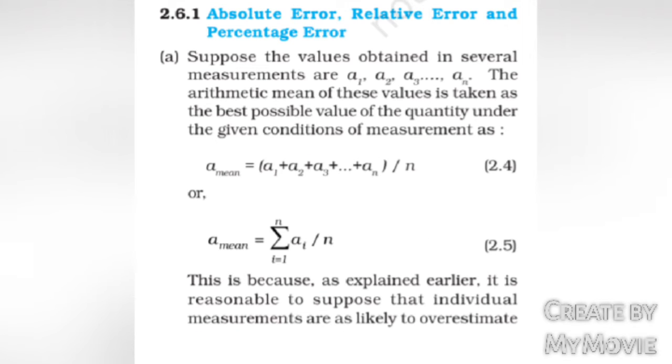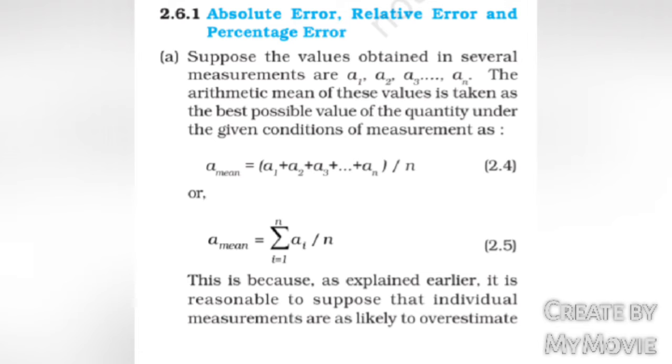Absolute error, relative error, and percentage error. A. Suppose the values obtained in several measurements are A1, A2, A3, till An. The arithmetic mean of these values is taken as the best possible value of the quantity under the given conditions of measurement: A mean equals A1 plus A2 plus A3 and so on till An, divided by n, or A mean equals the summation of Ai, i running from 1 to n, divided by n.